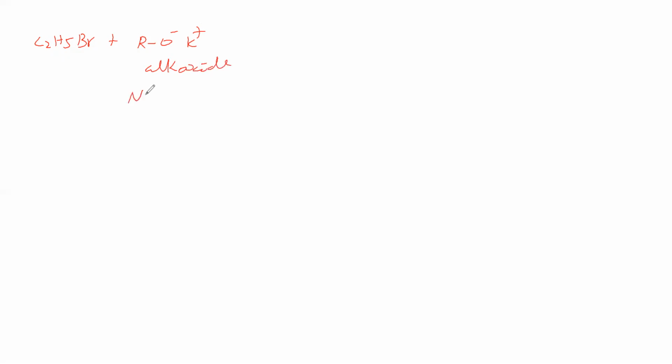Here, what is the nucleophile? Nucleophile is alkoxide. Therefore, we will get ROC2H5. Br minus is the leaving group, that is leaving. So the nucleophile is alkoxide.